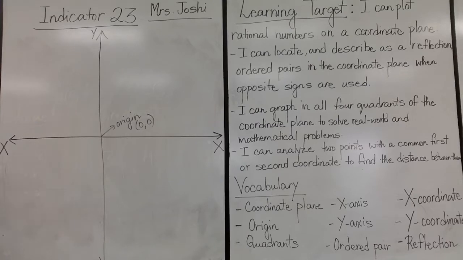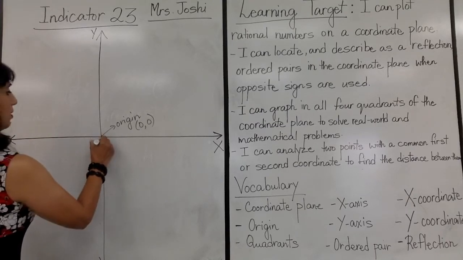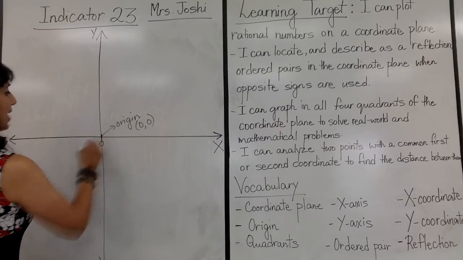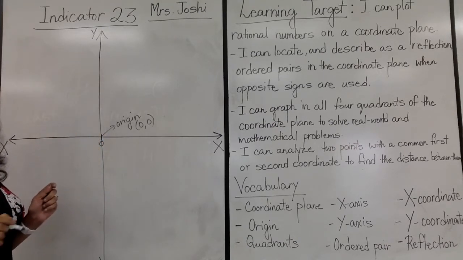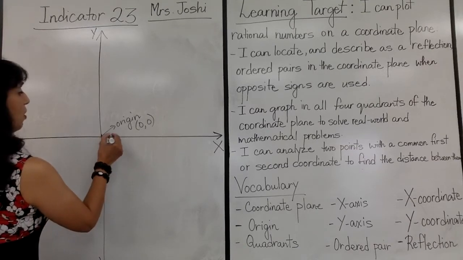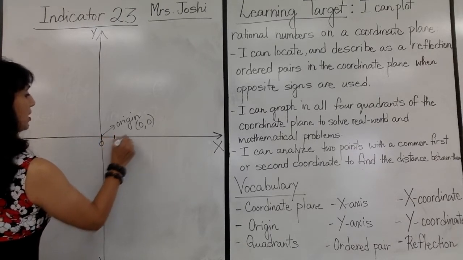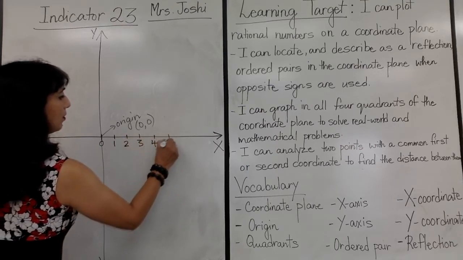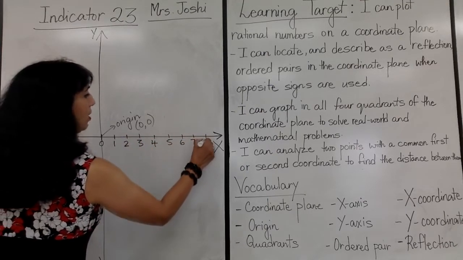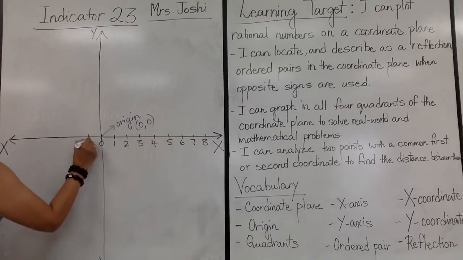Okay, so when I have a number line like this, this is 0 on the x-axis, and this is also 0 on the y-axis if I was going up. And then to the right of 0 on a number line, you know we have positive numbers. And then on the left, we have negative numbers.